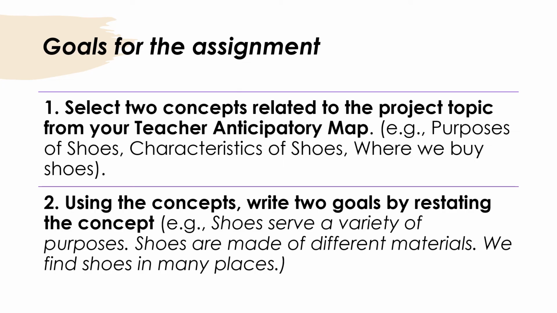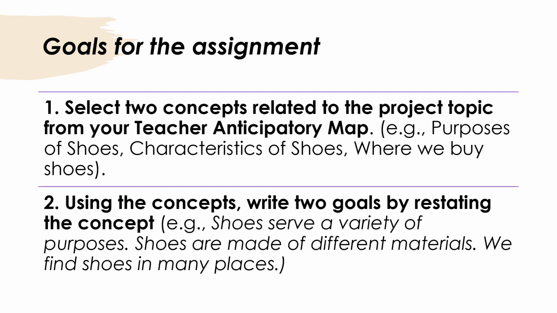In order to complete the project curriculum map assignment, follow these 4 instructions. First, select 2 concepts related to the project topic from your teacher anticipatory map. For example, looking at the map I just showed you of my shoe project, I could decide on purposes of shoes, characteristics of shoes, where we buy shoes.